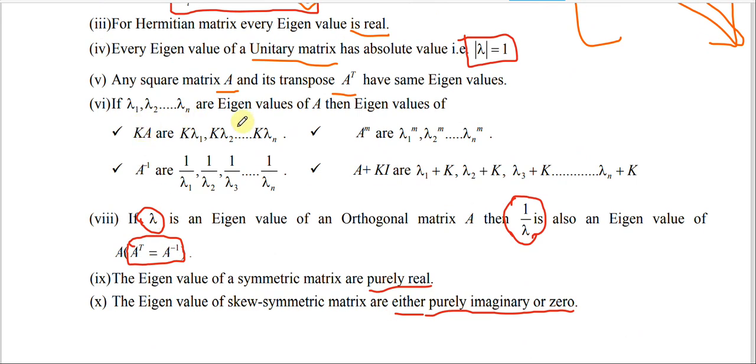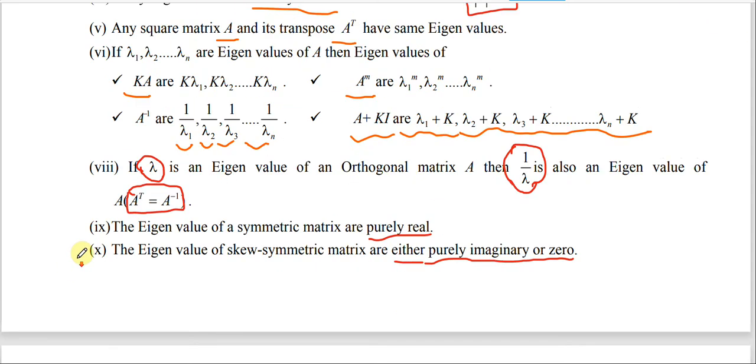If lambda 1, lambda 2 are the eigenvalues, then if you multiply the matrix by k or take its power m, the eigenvalues change correspondingly, and for the inverse, the eigenvalues are the inverses. These properties are very important for solving problems.